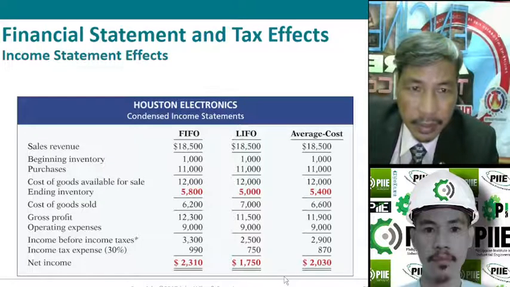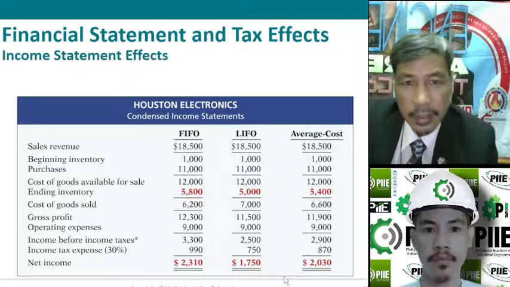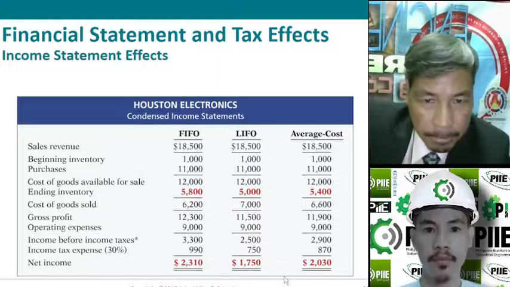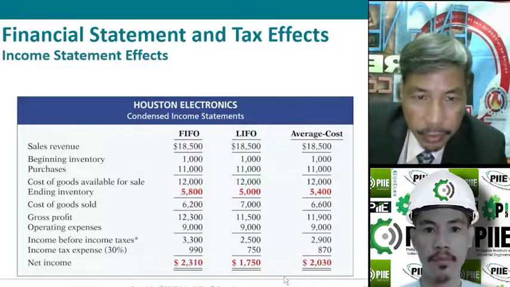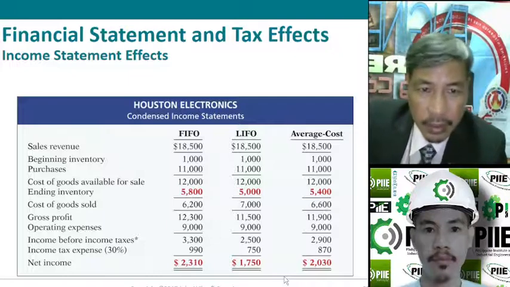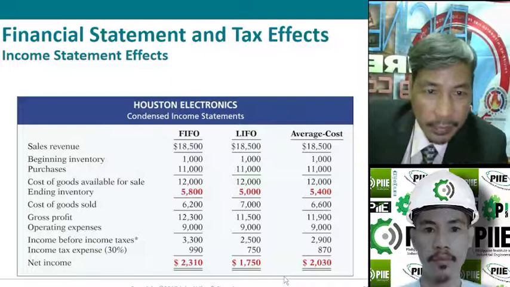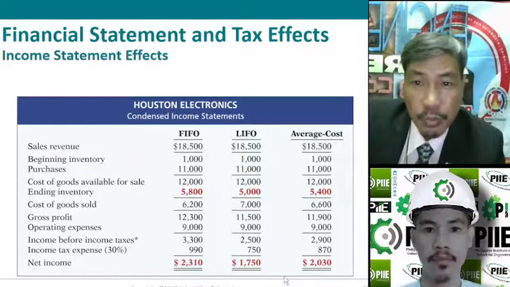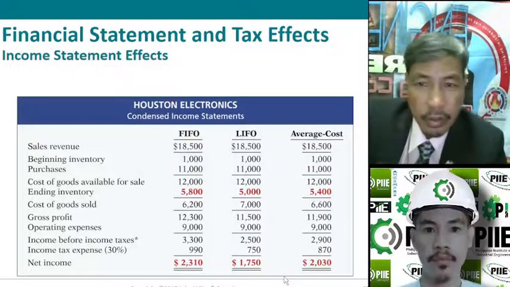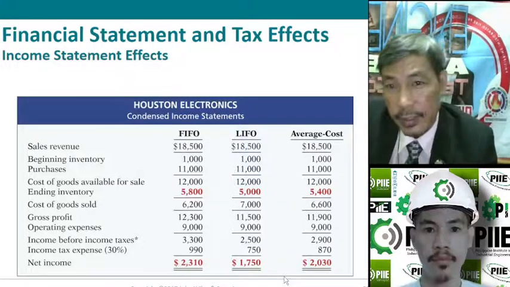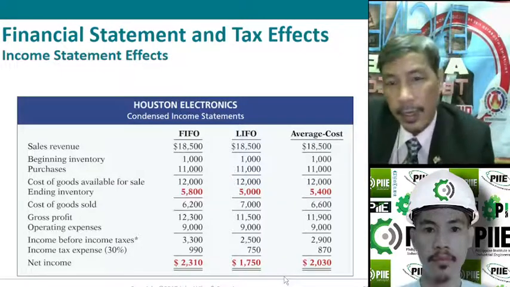Financial statements and tax effects, income statement effects. Look at the red portion. We have ending inventory. They will become different from each other. So these three are the assumption-based method. And the first one is what? The identification, no?